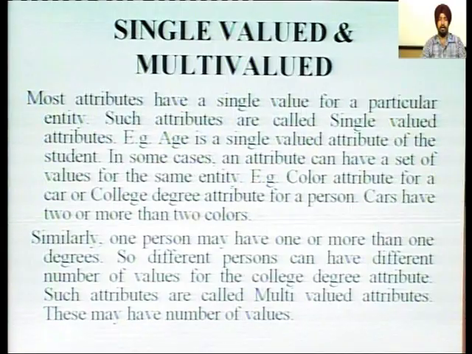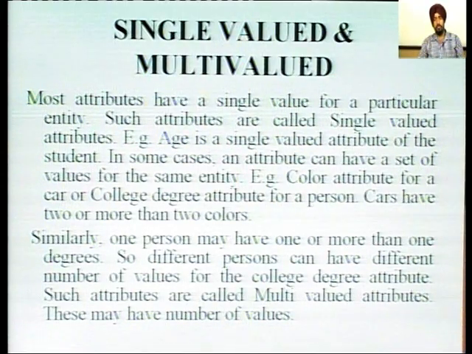Most attributes have a single value for a particular entity. Such attributes are called single-valued attributes. For example, age is a single-valued attribute of a student. In some cases, an attribute can have a set of values for the same entity. For example, the color attribute for a car or the college degree attribute for a person.